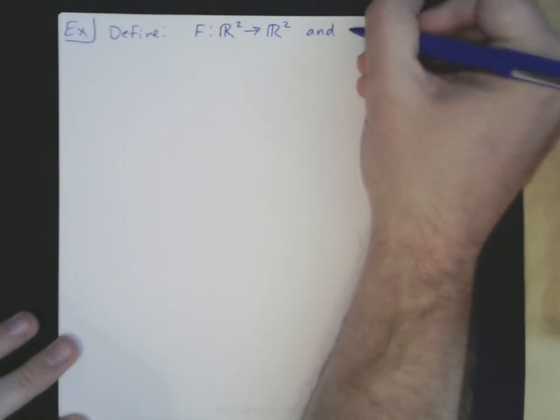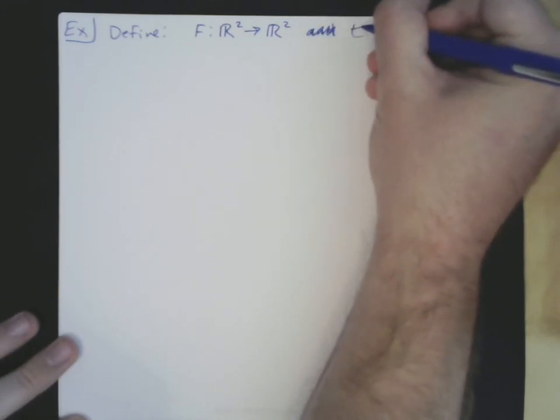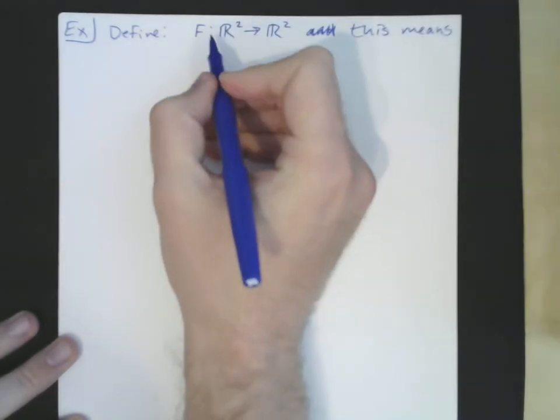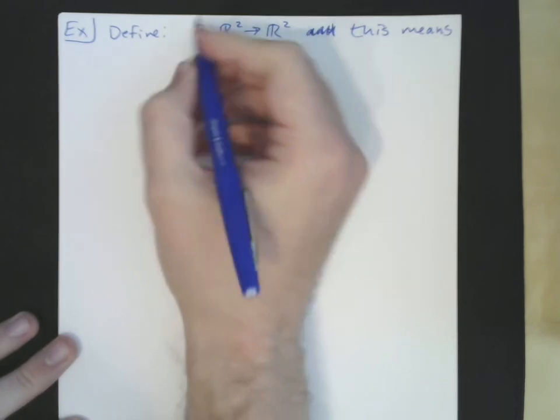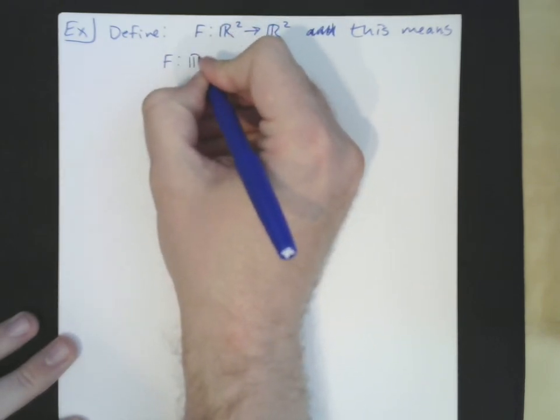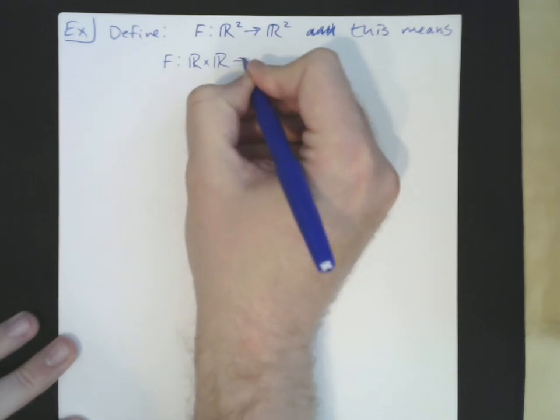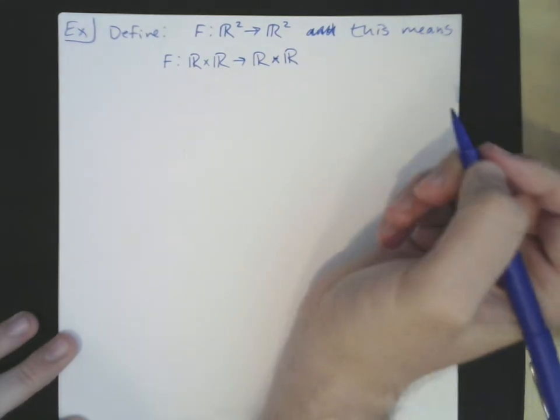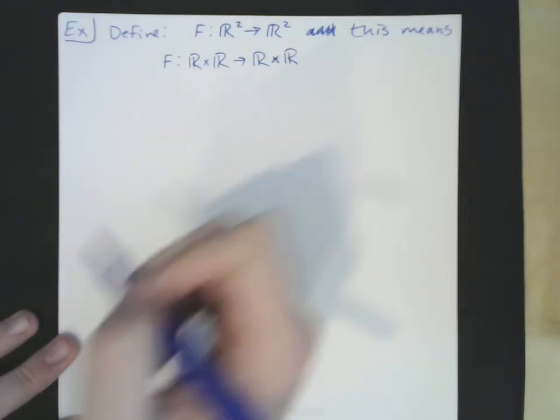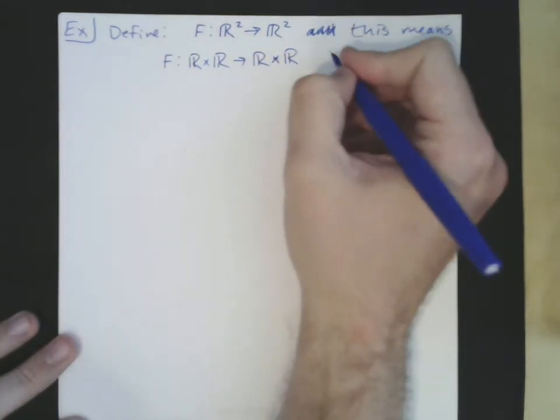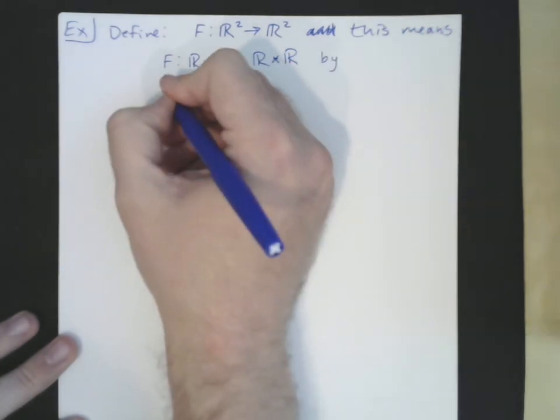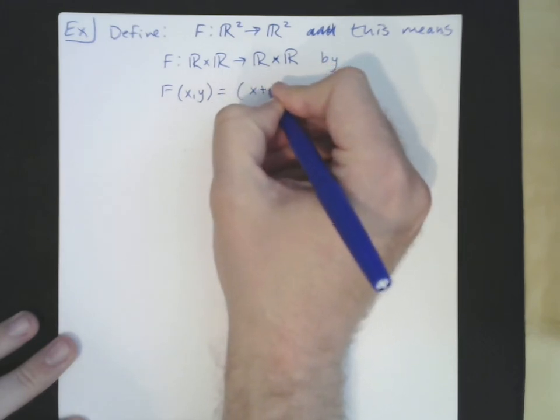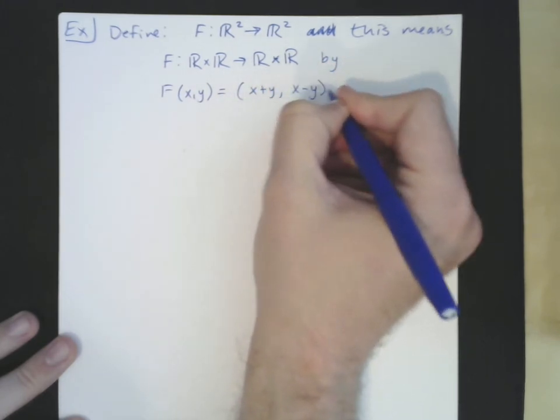Just a little review here, R2 is the Cartesian product of R cross R, so f maps R cross R into R cross R. So our elements are ordered pairs, x comma y, and this would be by our function f of x comma y equals x plus y comma x minus y.